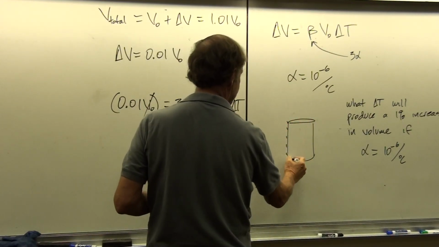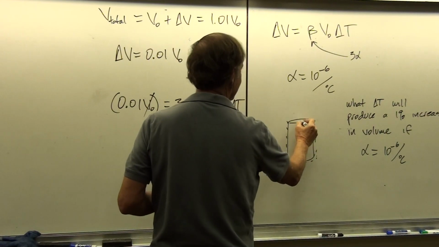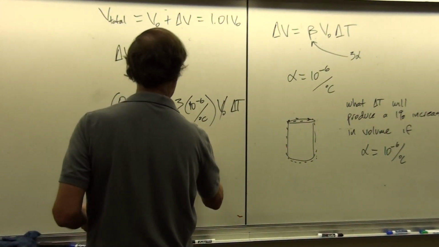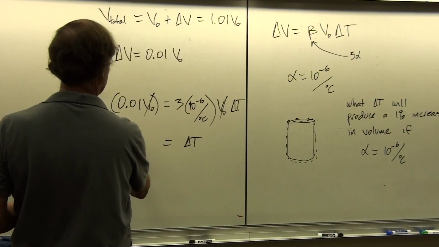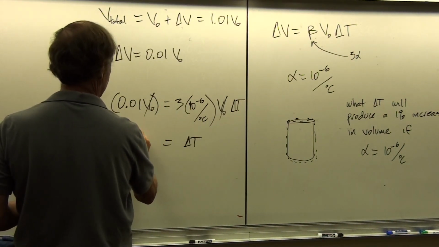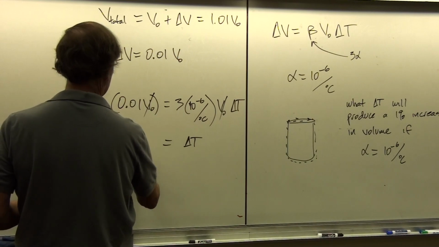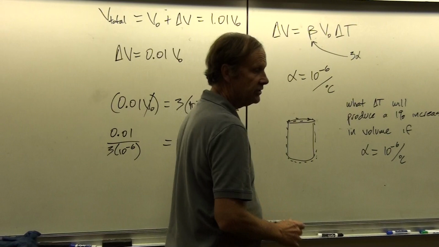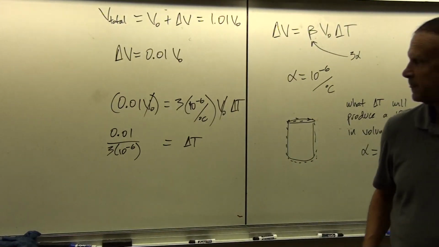We just wanted to expand by 1%. And so that gives us a delta T that's equal to 0.01 divided by 3 times 10 to the minus 6. So that's going to turn out to be a pretty big temperature.